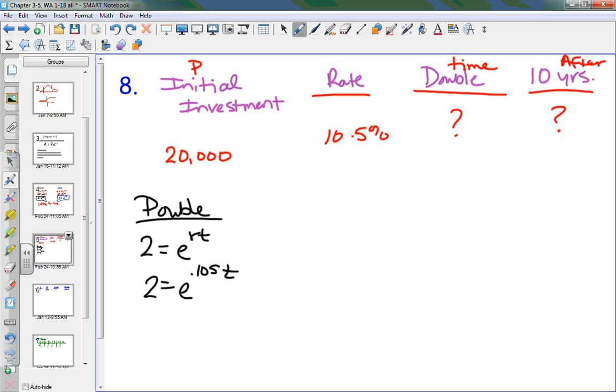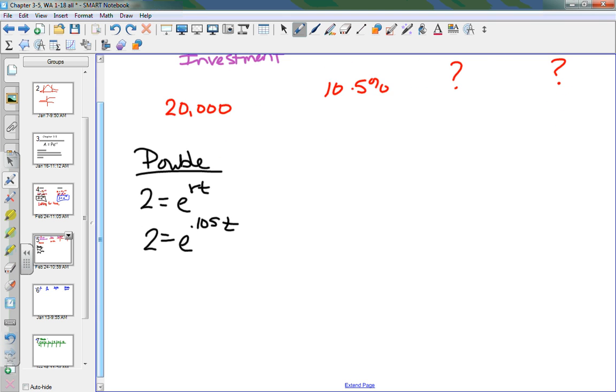I need to solve this equation. 2 is equal to e to the 0.105 T. I have to take the natural log of both sides because T is in the exponent position. So in order to get that out of the exponent position, I have to take the natural log of both sides, because when I do that, the natural log and e cancel out, and I'm left with the natural log of 2 is equal to 0.105 T.